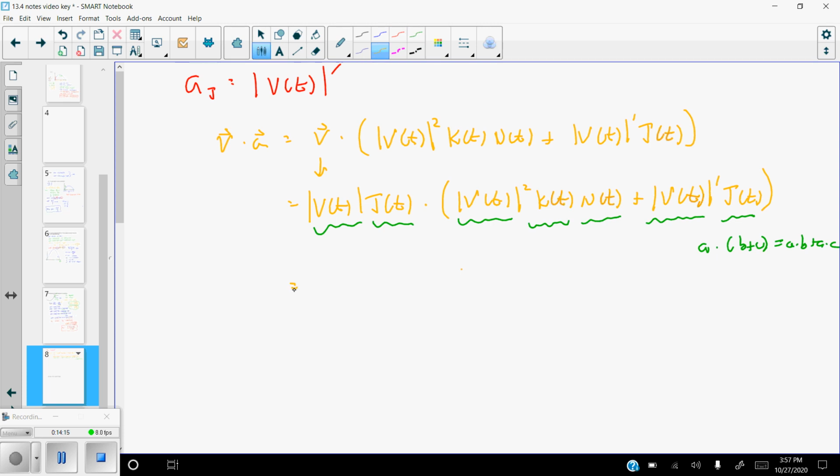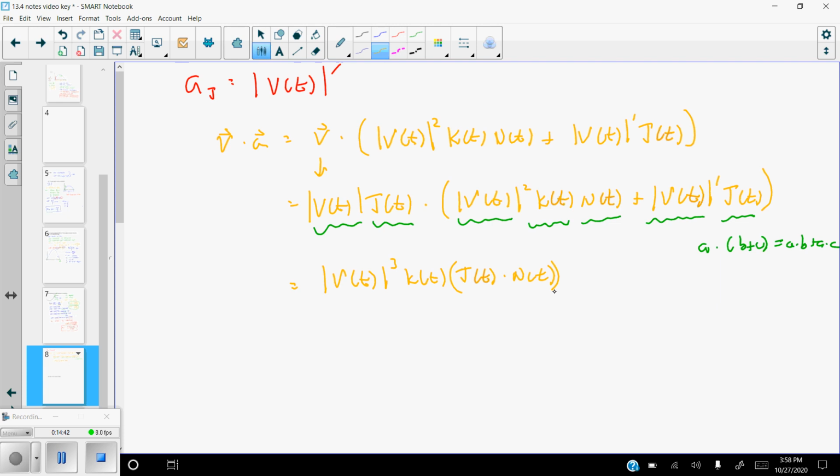All right. So what we're going to have is magnitude of v of t times the magnitude of v of t squared. So we're going to get a magnitude of v of t cubed. Remember, those are coefficients, times the curvature, another coefficient. And then we're going to have N dot T, or T dot N, T of t dot N of t.